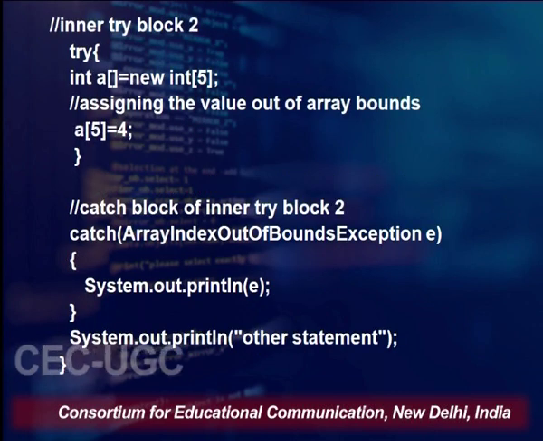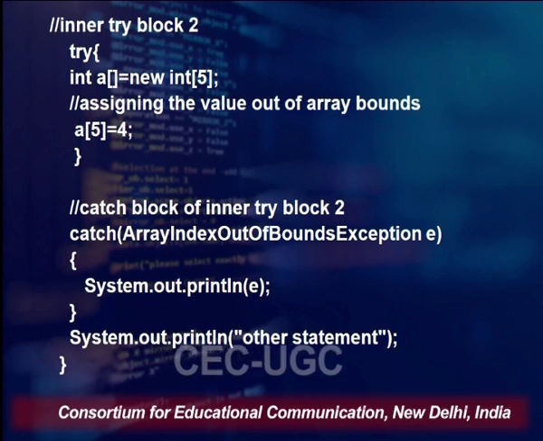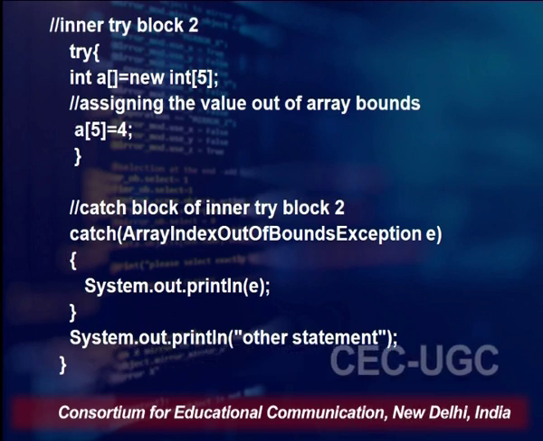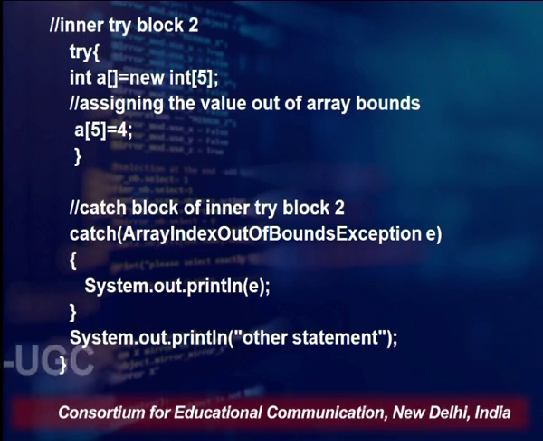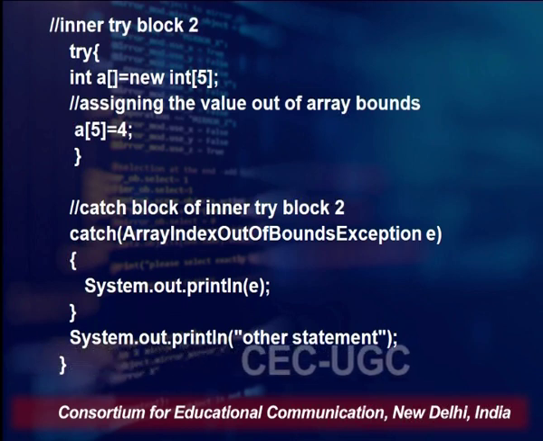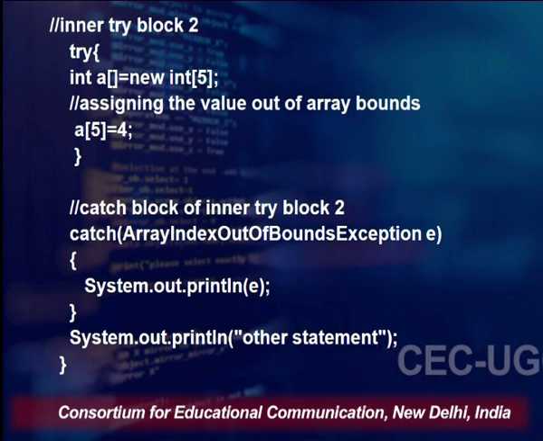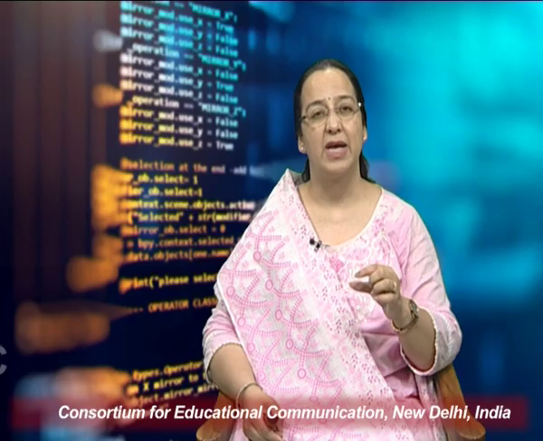After that we have one more try block, the second try inside the outermost block. So, in the outermost block we have one try, and within it the first inner try with its catch block.